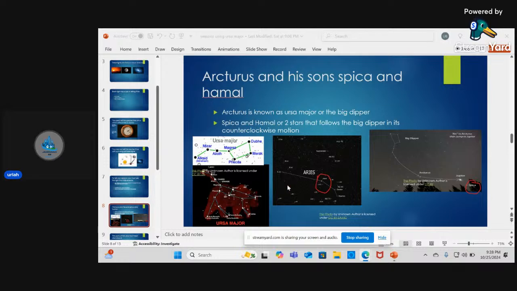And as this constellation moves around the North Star, these two stars follow it. So they flip-flop, just like how you got a hand pointing to the 6 o'clock and then it flip-flops to the 12 o'clock. It's the same principle when dealing with this constellation and these two stars.